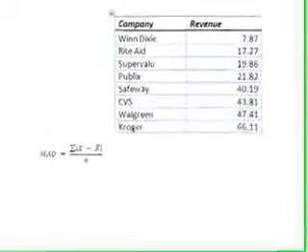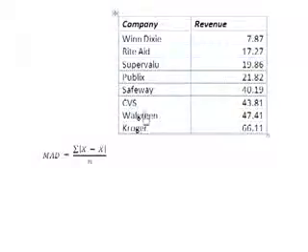All right, remember we said that the formula, because what we're looking for is we want to know how far each individual x value, remember these revenues are x values, fall from the mean, which is either x bar if we deal with this as a sample, or mu if we deal with it as a population. And because it's the mean, or the average absolute deviation, we're going to divide it by n.